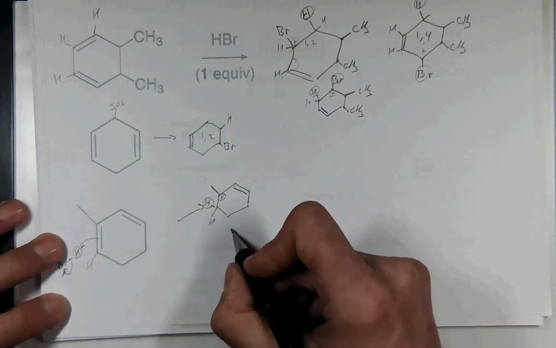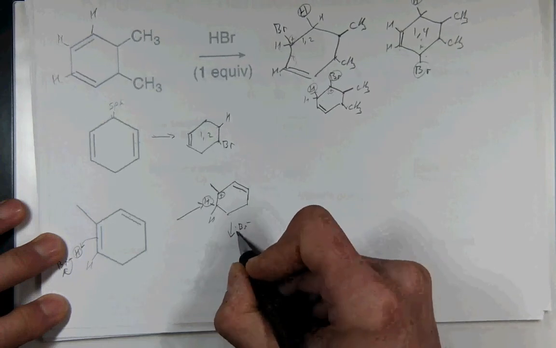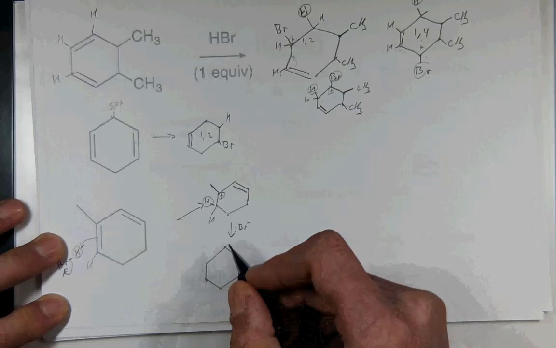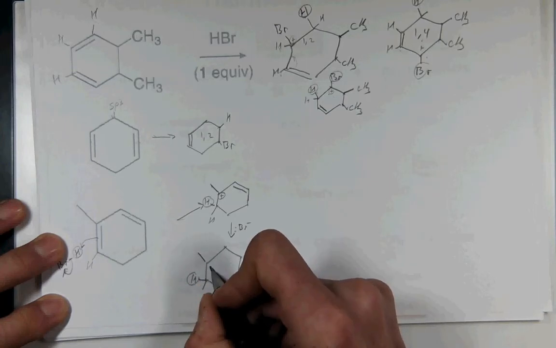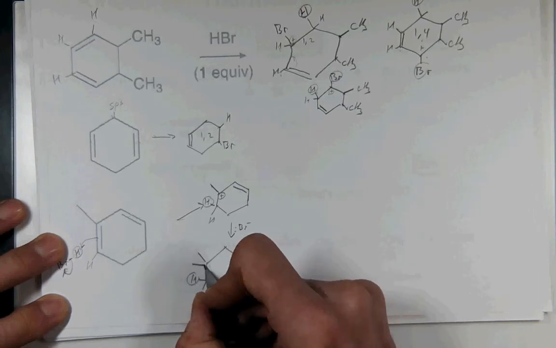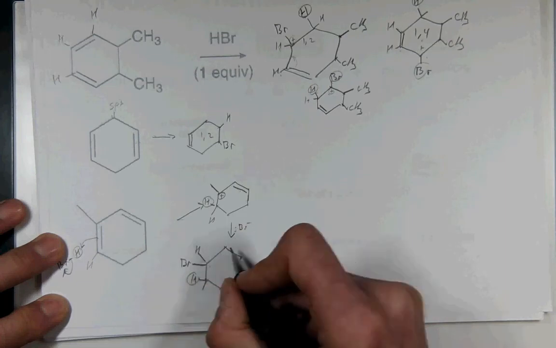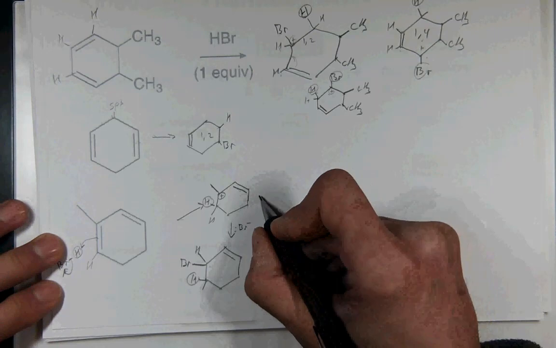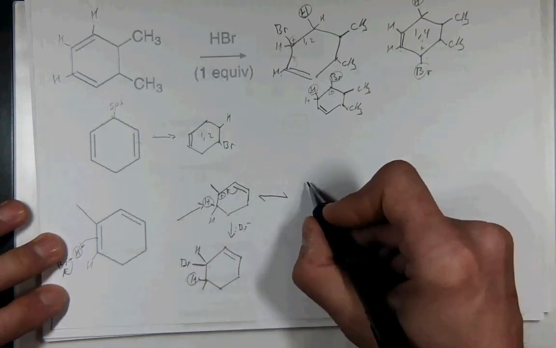So the 1,2 product in the second step, adding the bromide, okay, I added the hydrogen here, generated a carbocation here. Bromide bonds to that carbocation. We leave that double bond alone. Okay? But we also have resonance where we can move this double bond in like that.